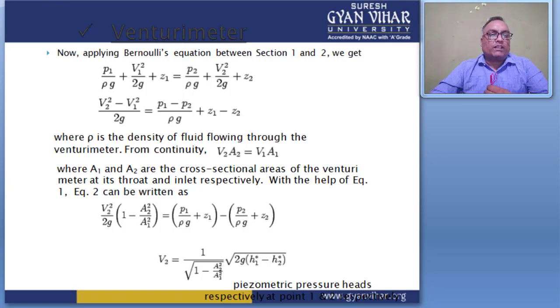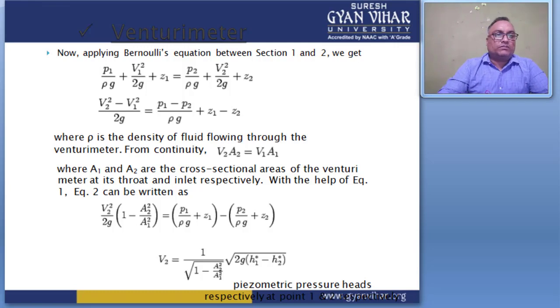By the continuity equation, V2 A2 equals V1 A1, where A1 and A2 are the cross-sectional areas of the venturimeter at the inlet and the throat respectively, and with the help of this equation we can find the velocity V2.